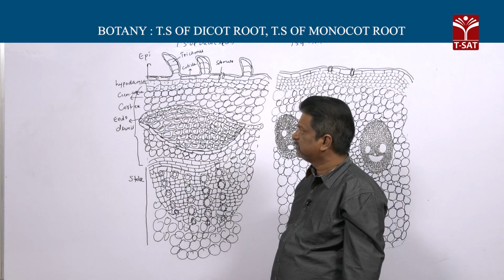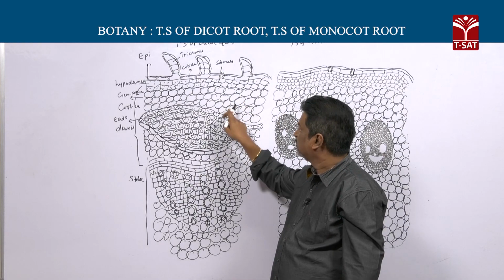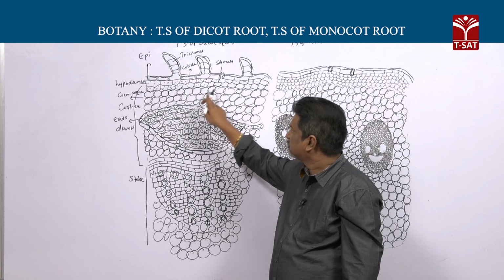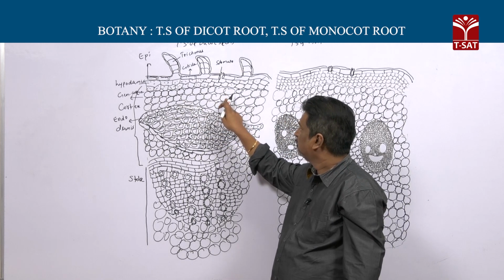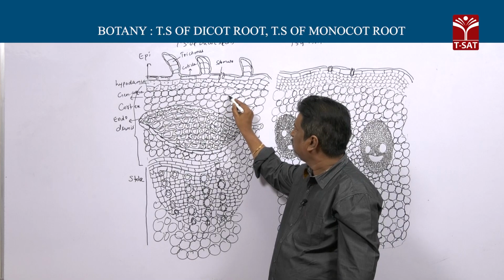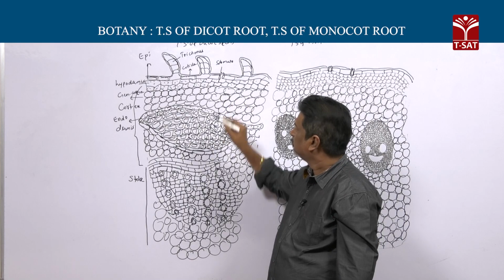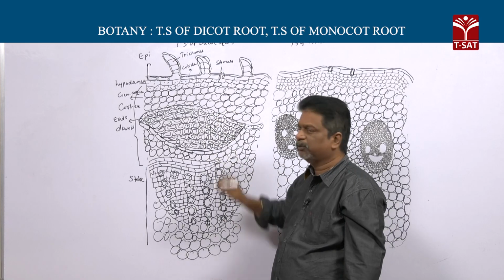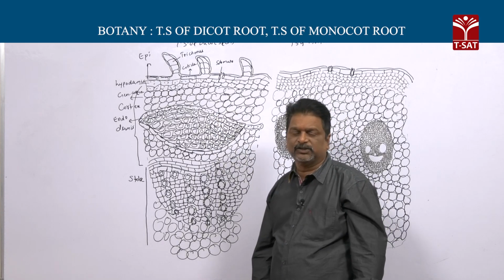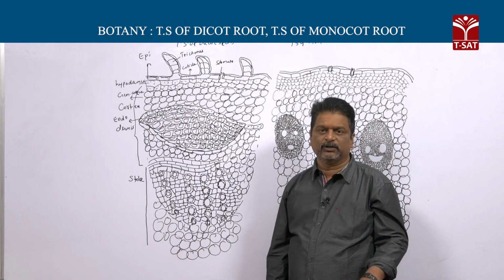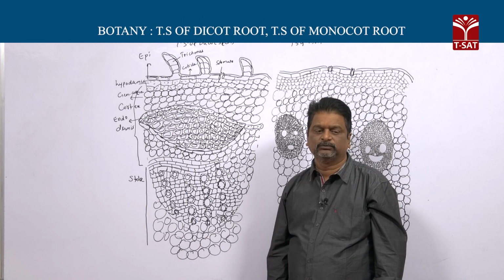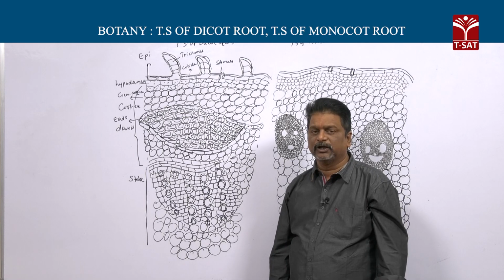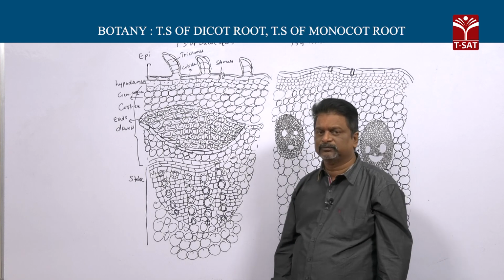This is hypodermis. Then middle cortex, middle portion or middle cortex is called general cortex. General cortex is predominantly parenchymatous. So it is made up of parenchyma. So that cells are spherical, oval with intercellular spaces, generally intercellular spaces present.